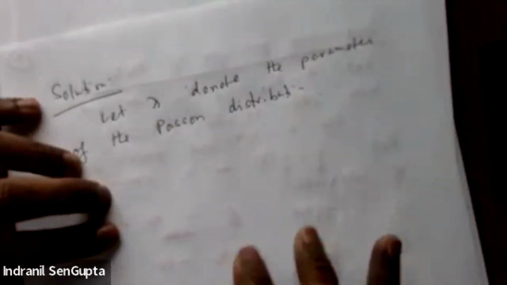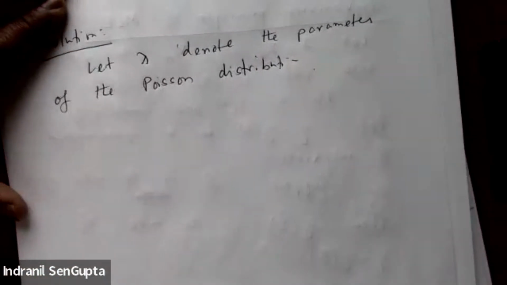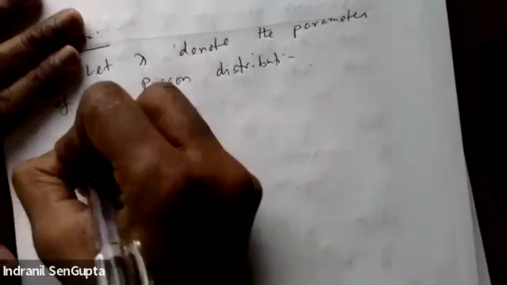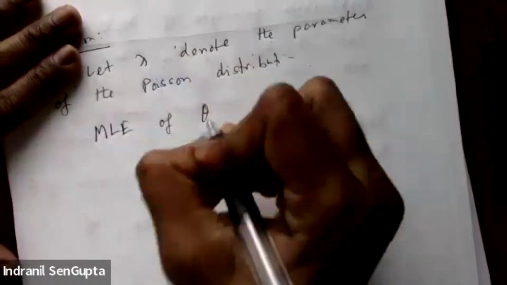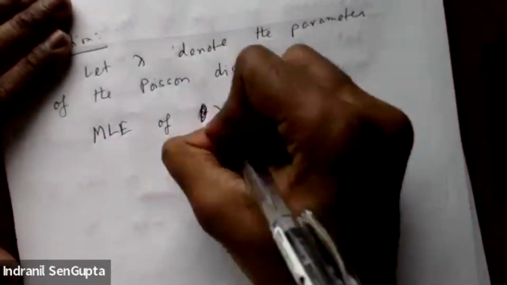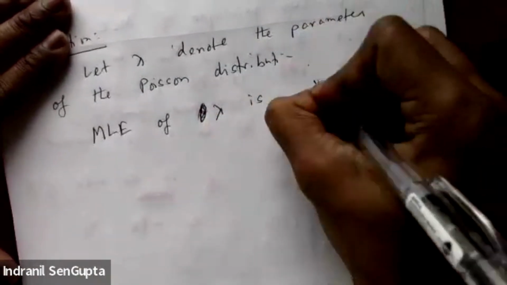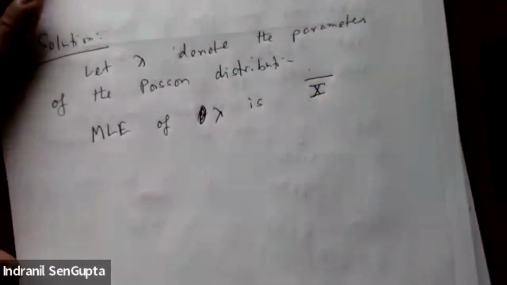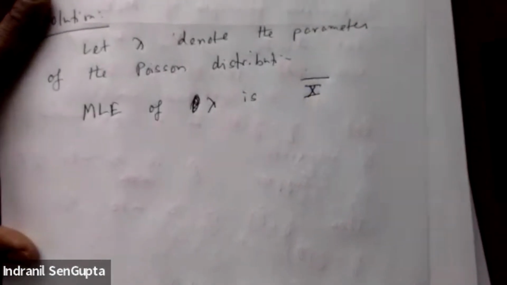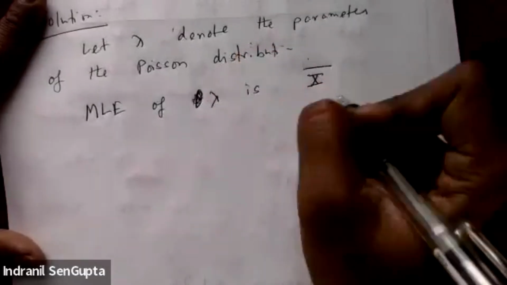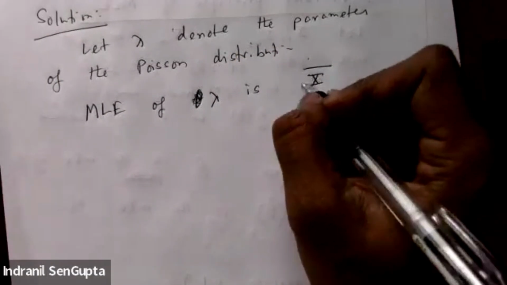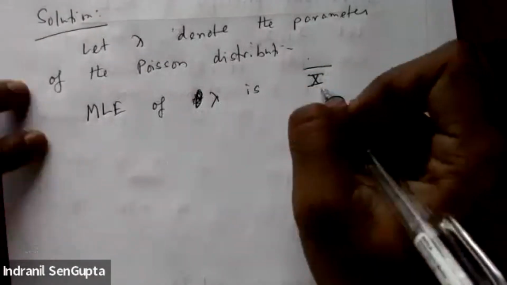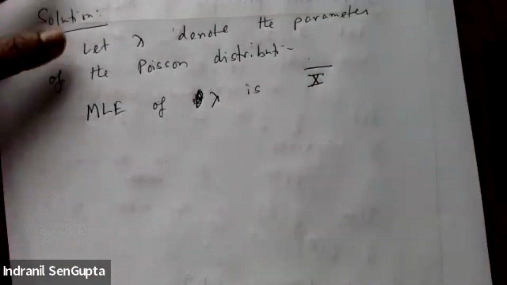We have seen this before, that the maximum likelihood estimator of lambda is x bar. We have seen it before when we studied the MLE for x bar. In fact, it's one of the problems from your exam. So there we have seen that the MLE for lambda is x bar.